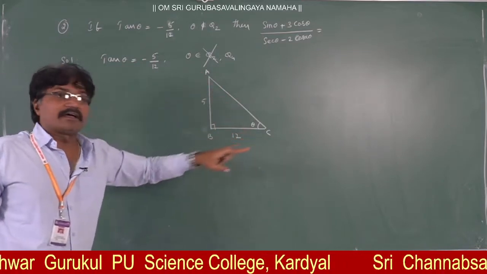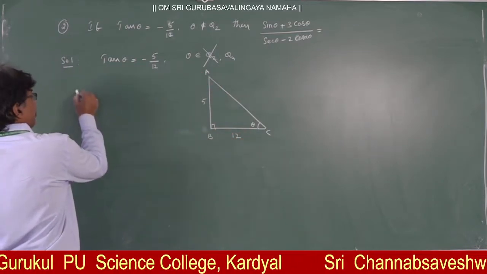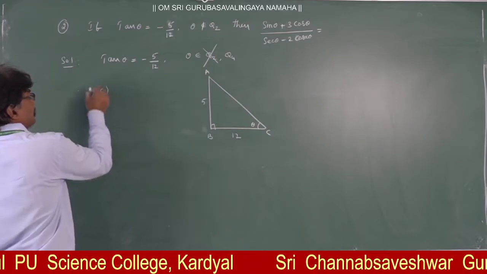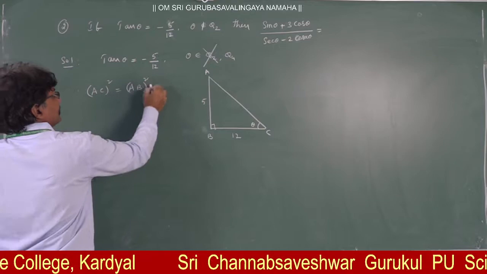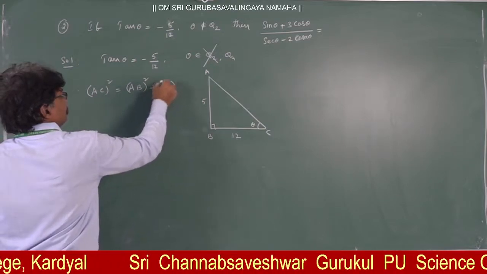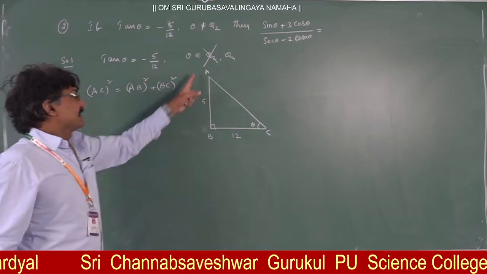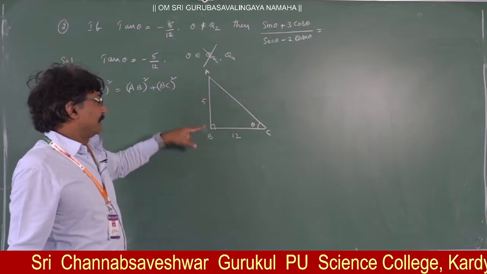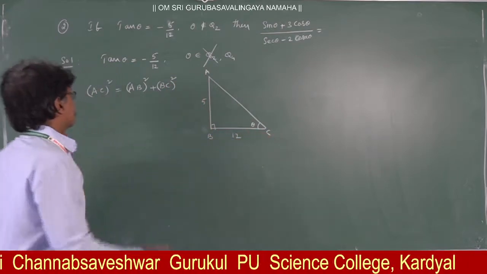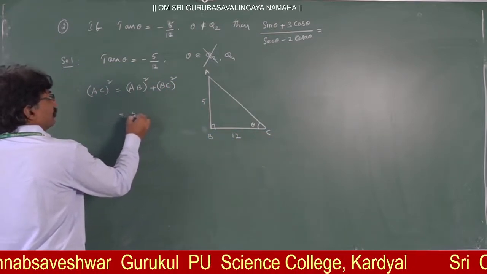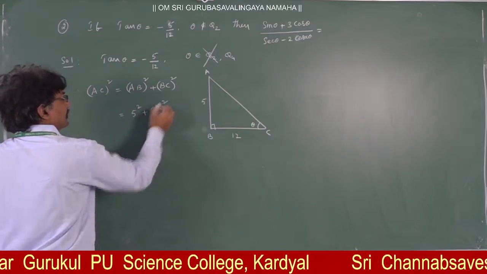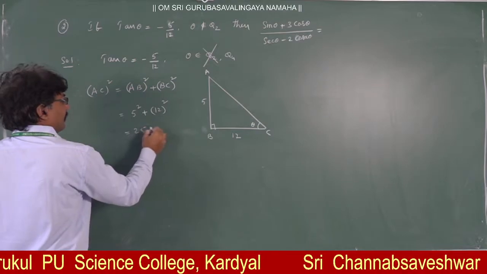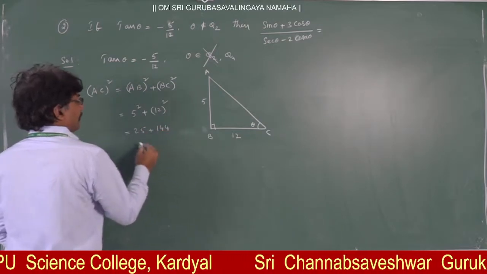How to get the hypotenuse? By using Pythagoras theorem. AC square is equal to AB square plus BC square. AB is 5 square, BC is 12 square. 5 square is 25, 12 square is 144.